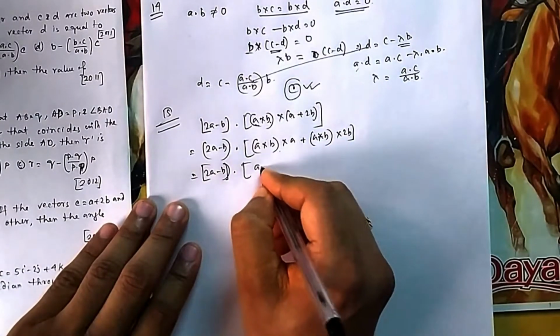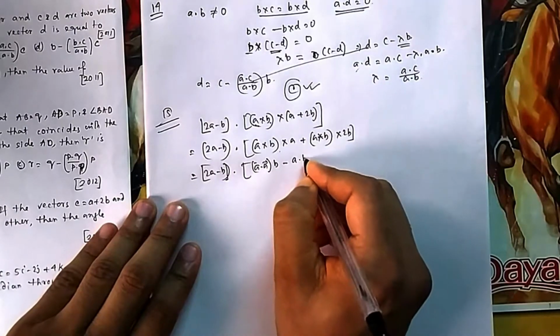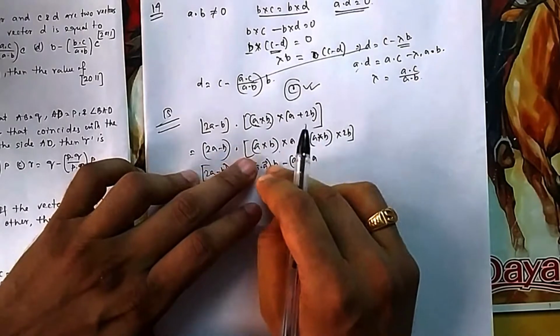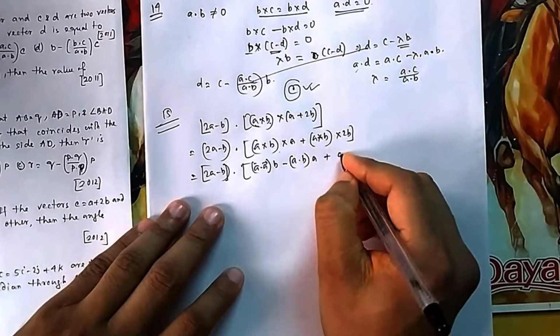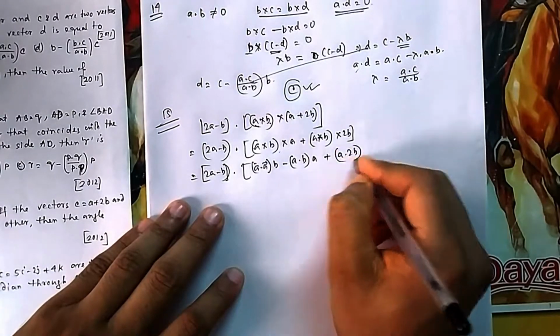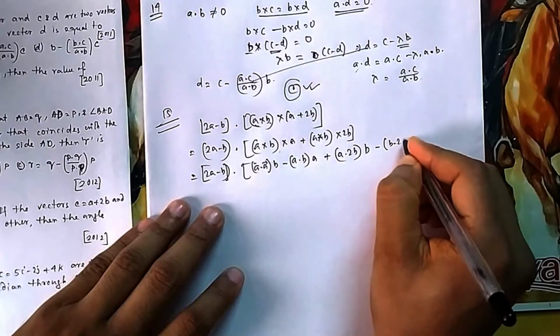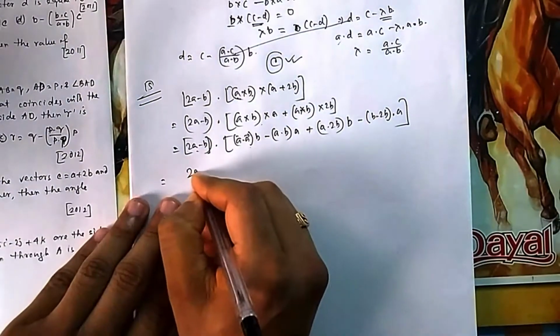So next you can open this VTP. First the farthest one, so (A dot A) B minus (A dot B) A. These two are the farthest, then B, then the nearest one, then this will come. Here also the farthest one, (A dot 2B) B minus (B dot 2B) A. Now if you open this VTP, this dot this, so first let me write this.